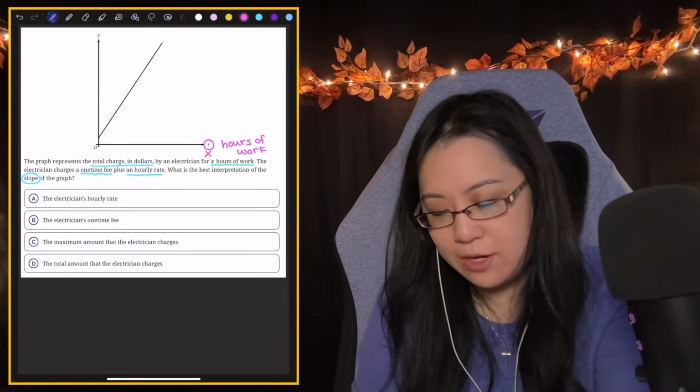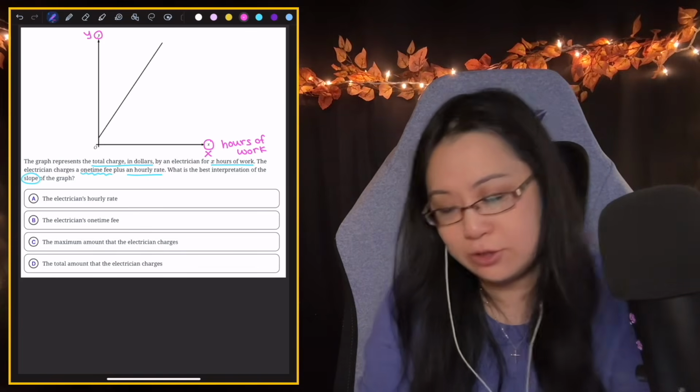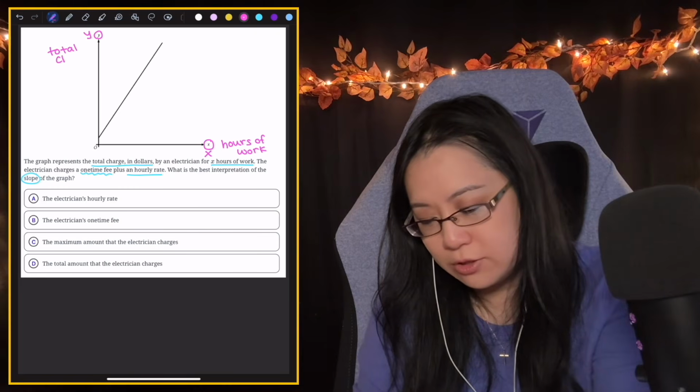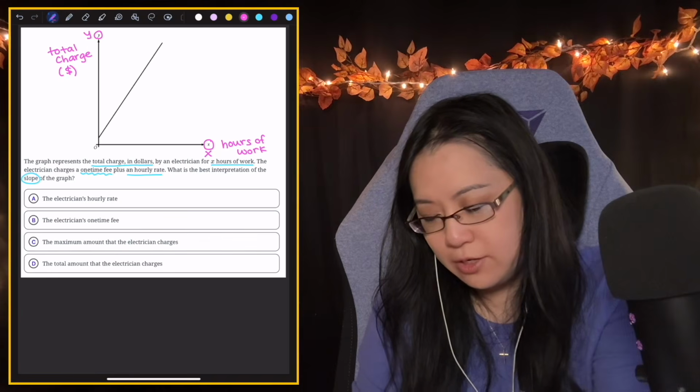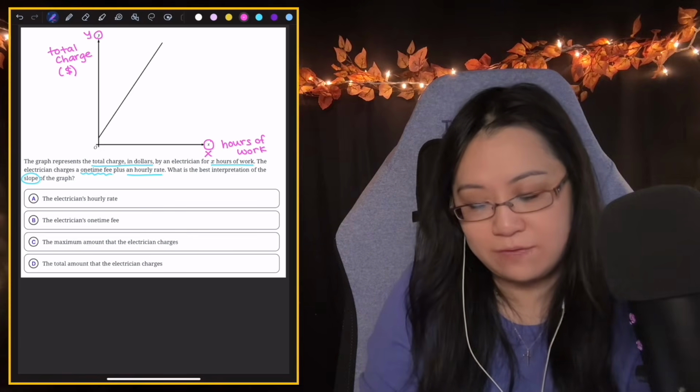And for the y-axis, that's going to be the total charge in dollars. And why do we have it this way instead of the other way?